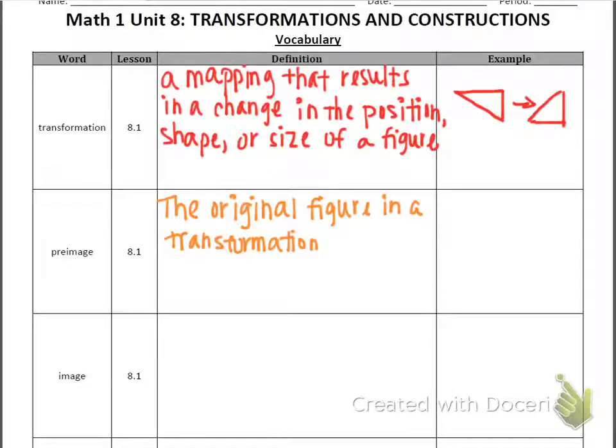So in our previous example, the pre-image would be the first one, the one we started with. So it would be this triangle. Okay? So that's the pre-image in our example of the previous one.